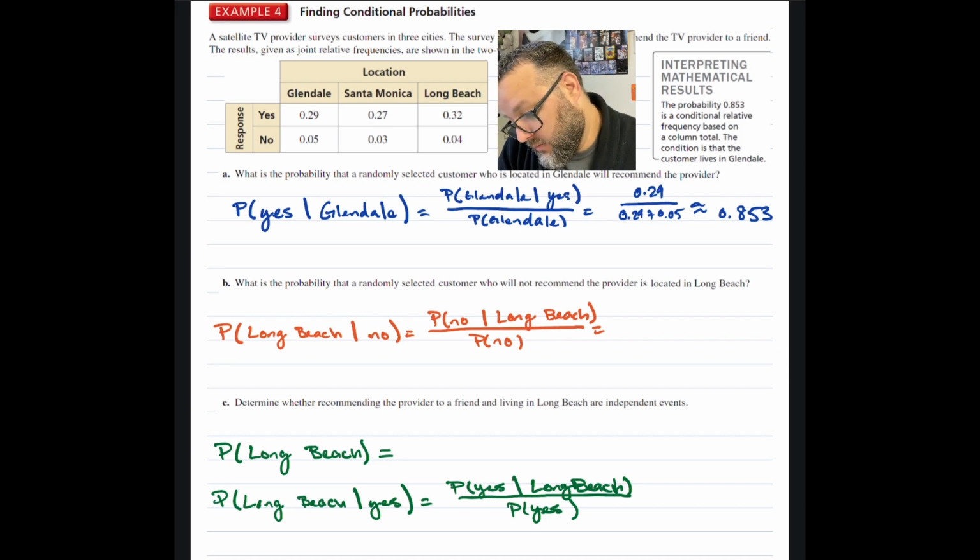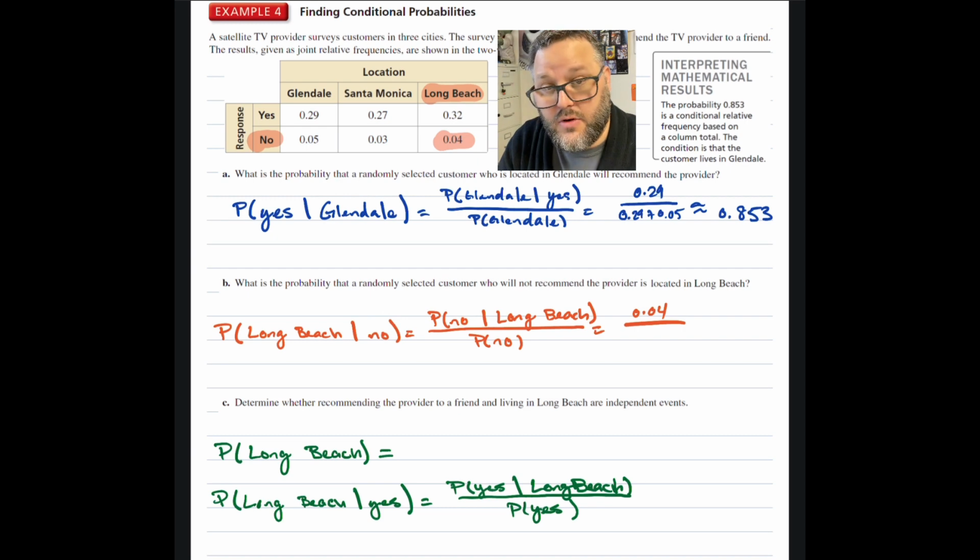Now, what is the probability that a randomly selected customer who will not recommend the provider is located in Long Beach? So here we have to take the idea that it's no and Long Beach, and where it matches is right here. So we're going to take that 0.04 chance, and we're going to divide it by the total amount of people who said no, because we're worried about the no. So we have to add up the 0.05, the 0.03, and the 0.04.